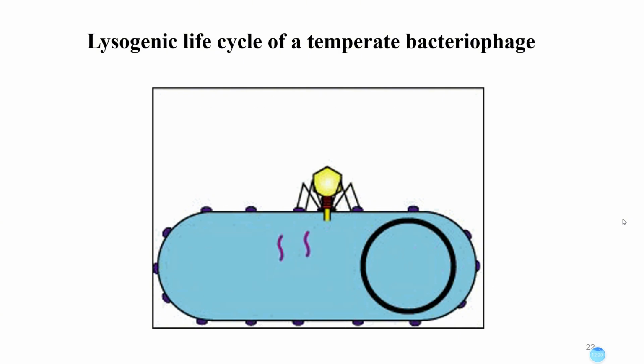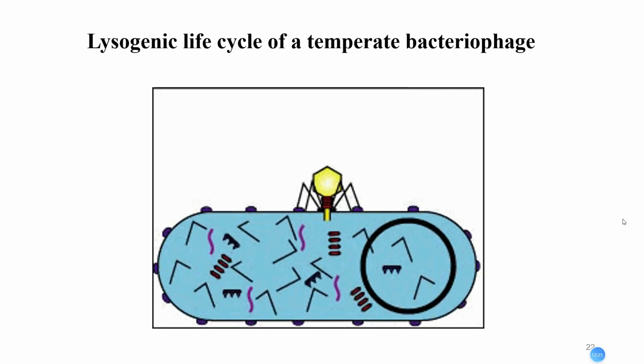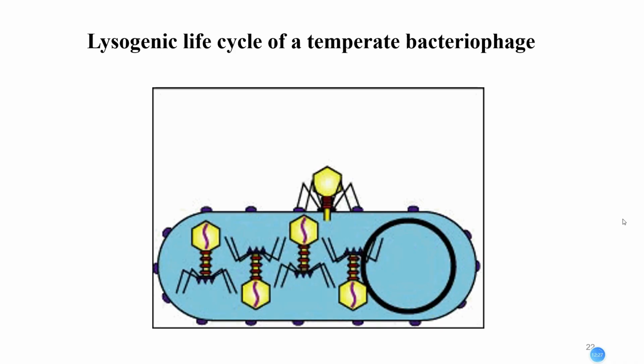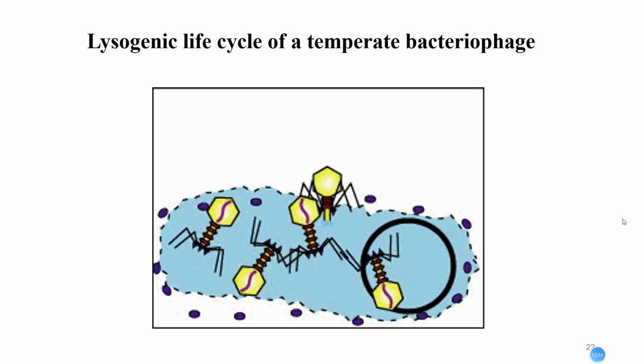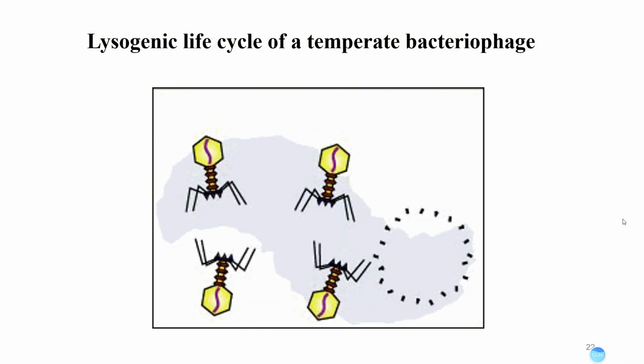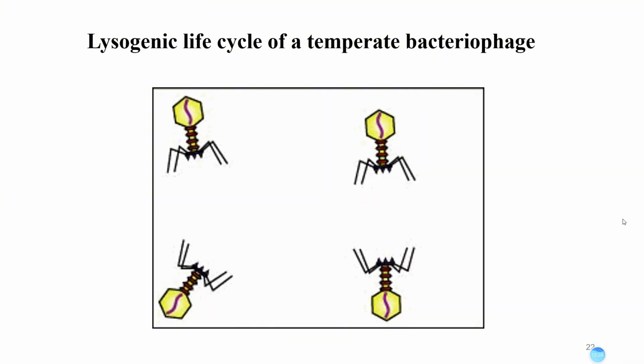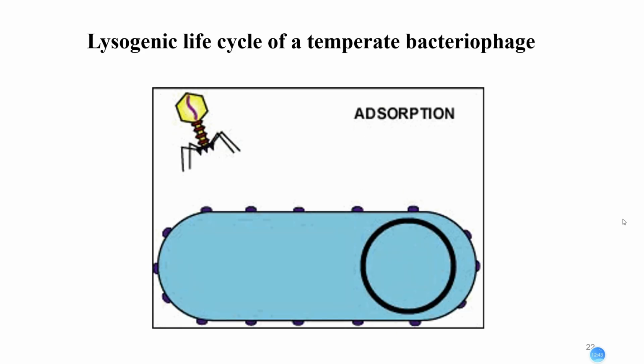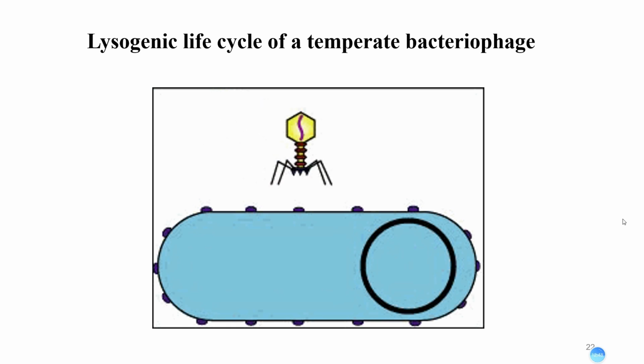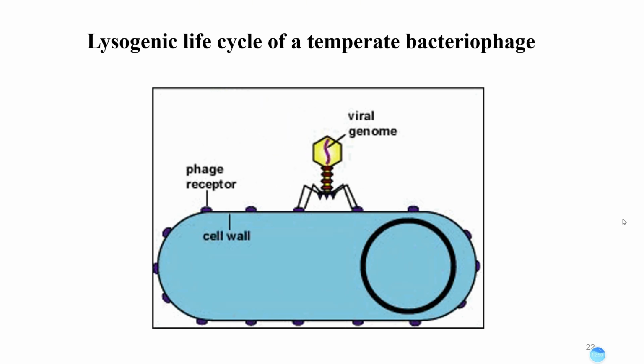But once induced, this DNA can be taken out and enter the lytic cycle. Then the last step is release, also lysing the host cell. So this is special because it can enter a special state called the prophage state. In the prophage state, the phage DNA replicates together with the host bacterial DNA.